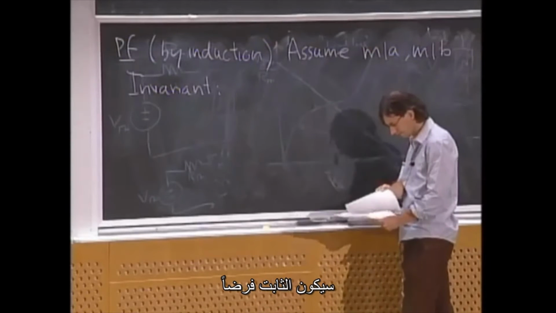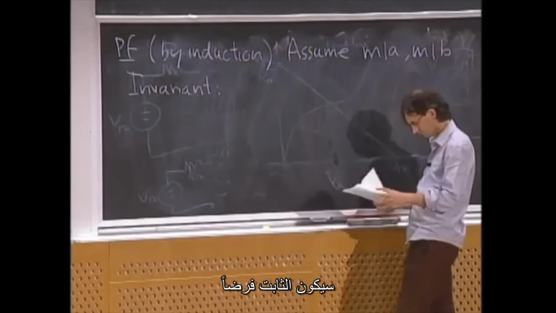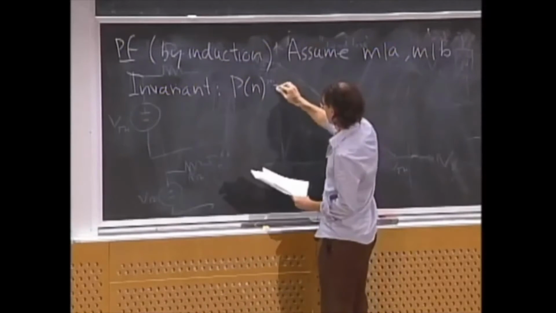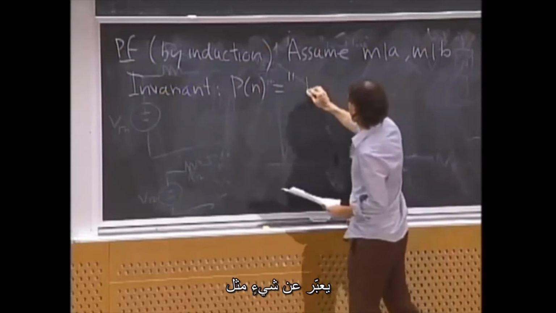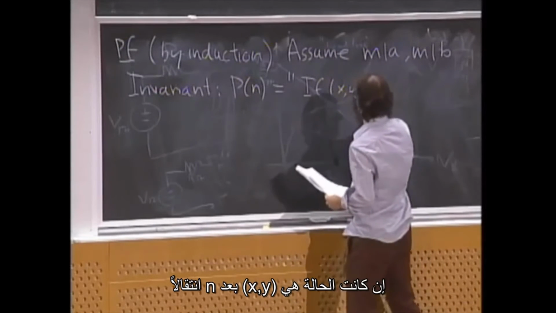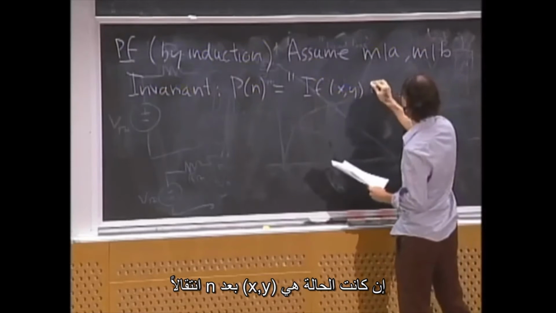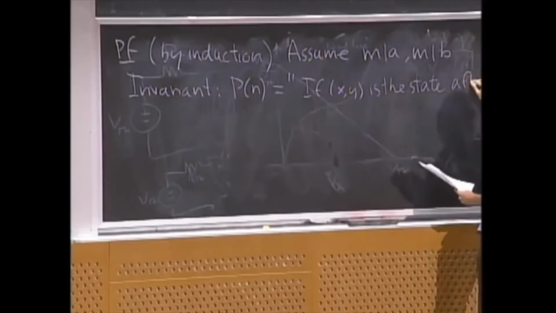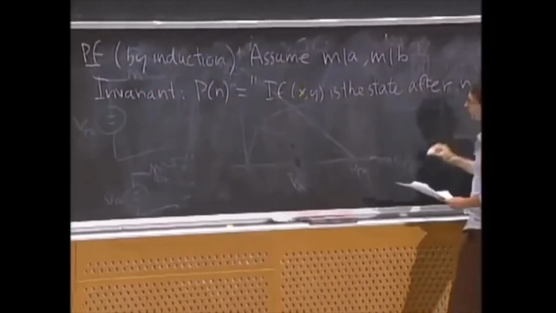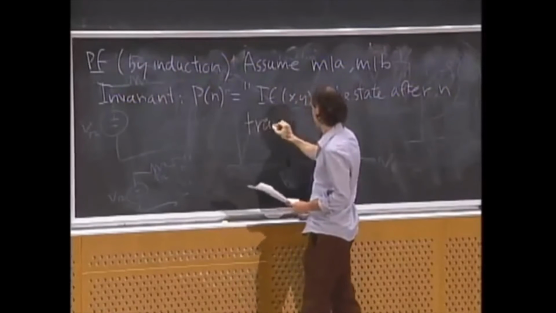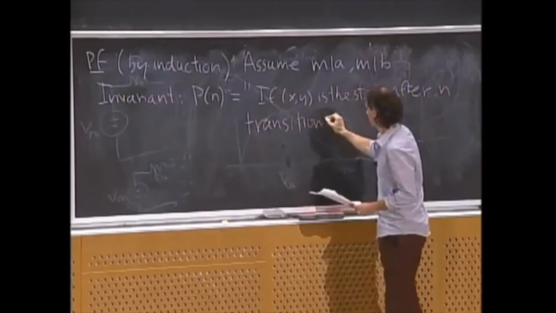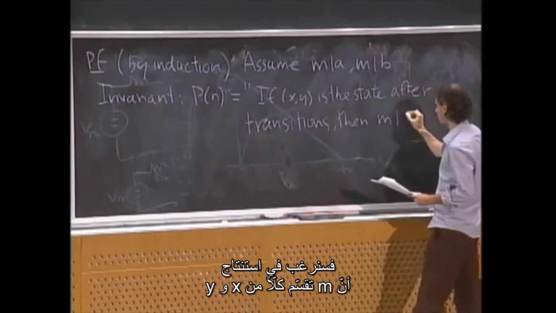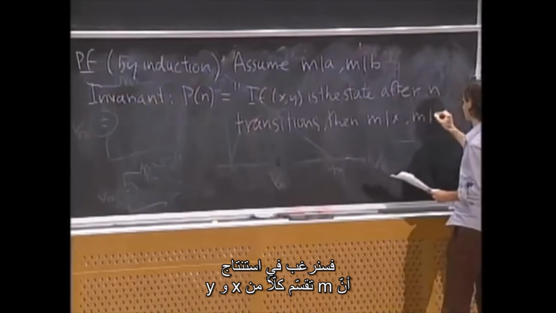The invariant is going to be a predicate, and it says something like, if x, y is the state after n transitions, then we would like to conclude that m divides both x and m divides y.